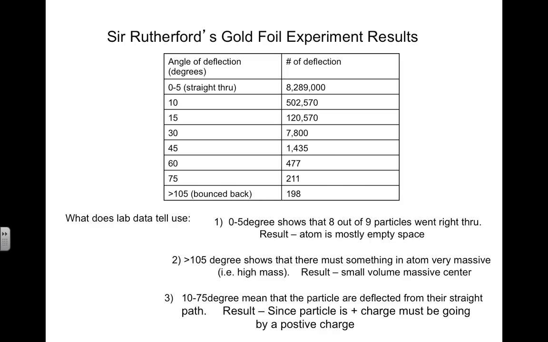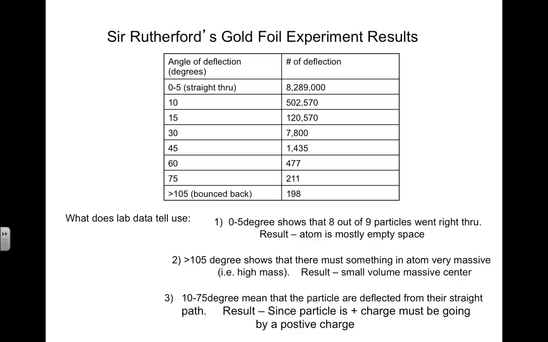So from his results, going straight through 8 out of 9 times indicates that the thing inside is a very small volume compared to the volume of the atom. It's actually 1/10,000th of the volume, and we'll get to that in a second.